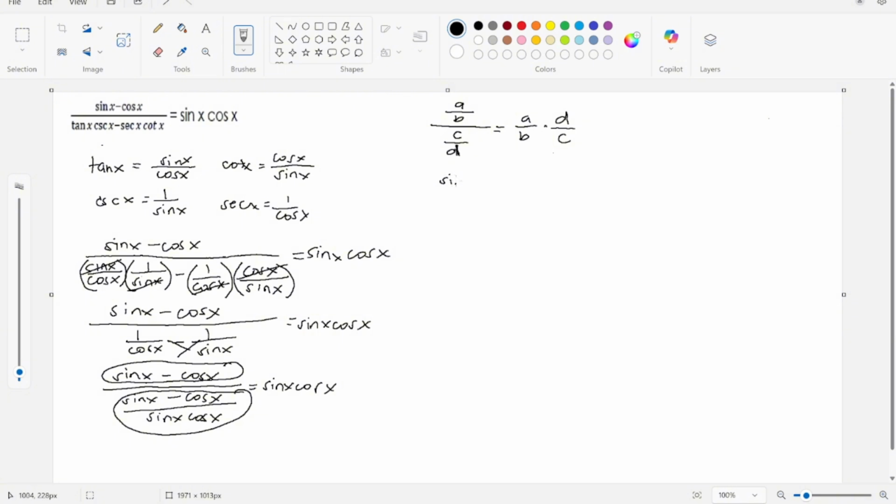So, sine x minus cos x, kopyahin. Nagiging over 1 yan. And then, times the reciprocal of the denominator. So, magiging sine x over cos x, over sine x minus cos x.